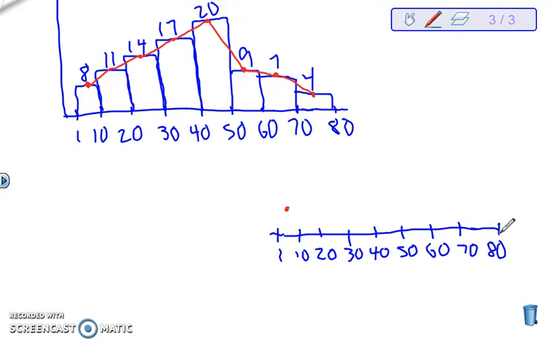Again, my picture is not going to be exact. Basically, it's going to keep scaling up. But what we should notice is that when we hit the 60, it starts to kind of flatten out a little bit.